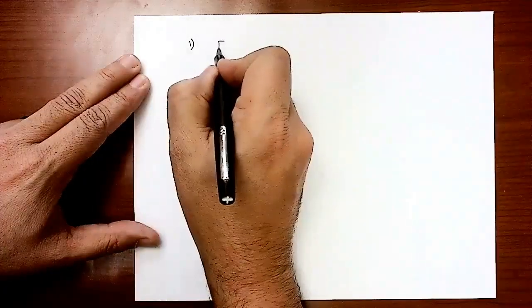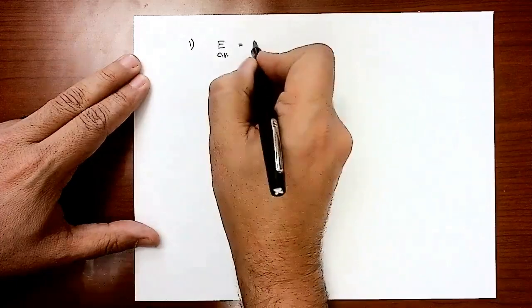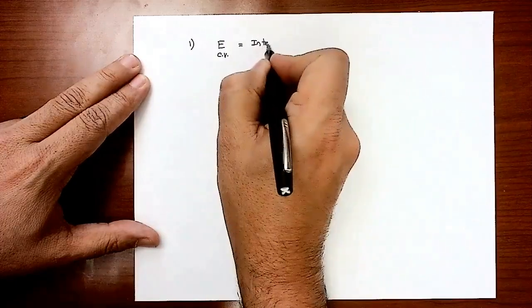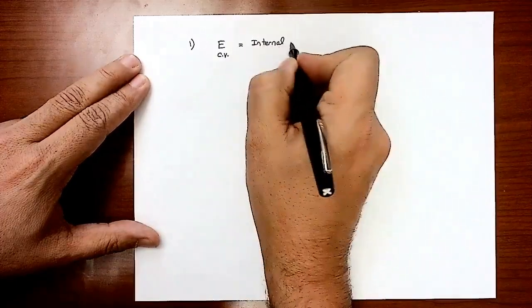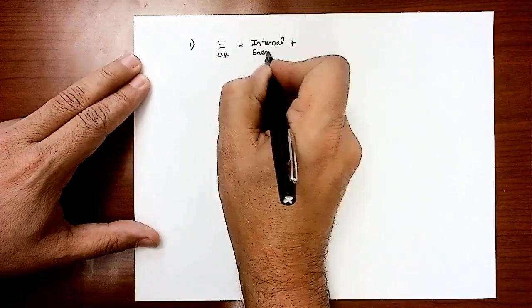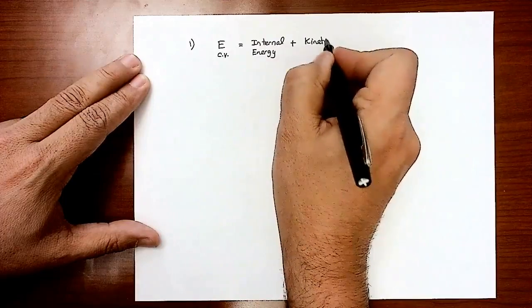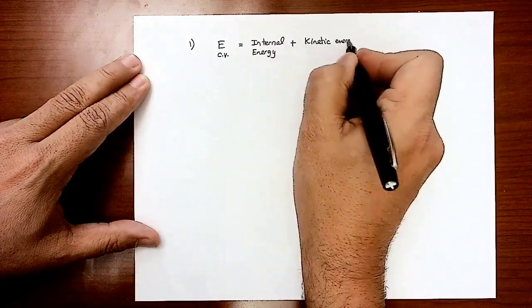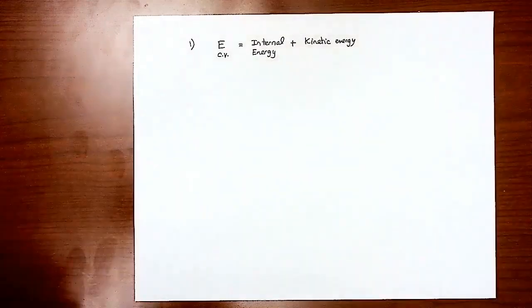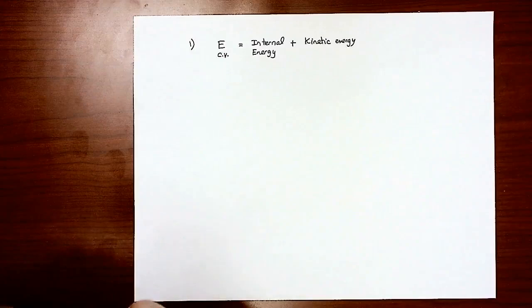The energy within the control volume, in simple language, is going to be internal energy, and sometimes we may have kinetic energy. If your system is large enough, maybe the velocity would be considered inside that control volume.